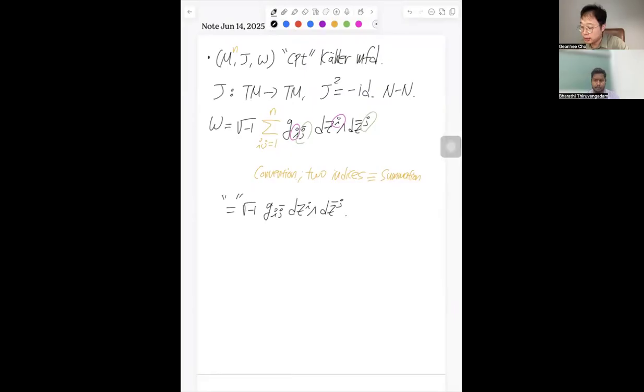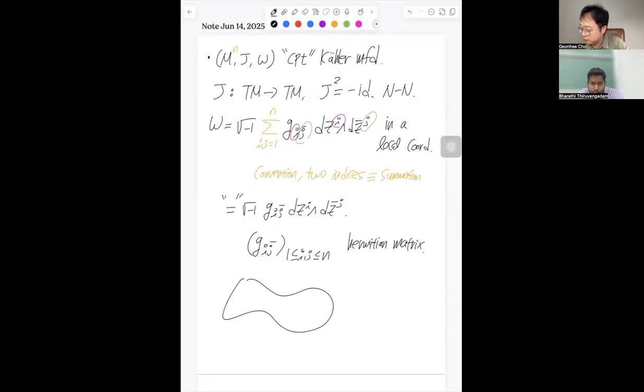And the intuition is, we know this matrix is the Hermitian matrix, or I should say in a local coordinate here. If you have a manifold M, then for each point you extract the tangent space.